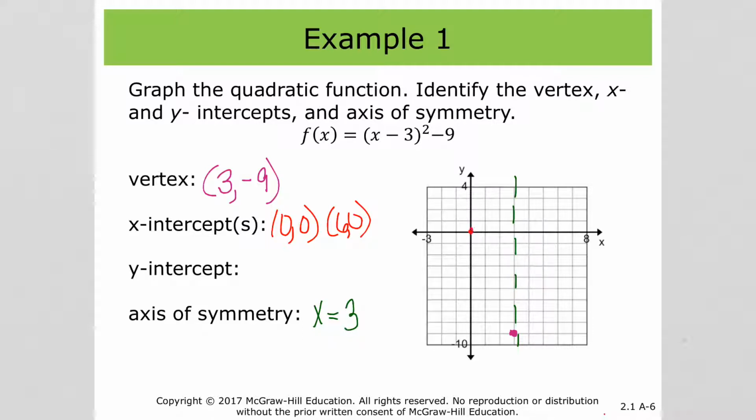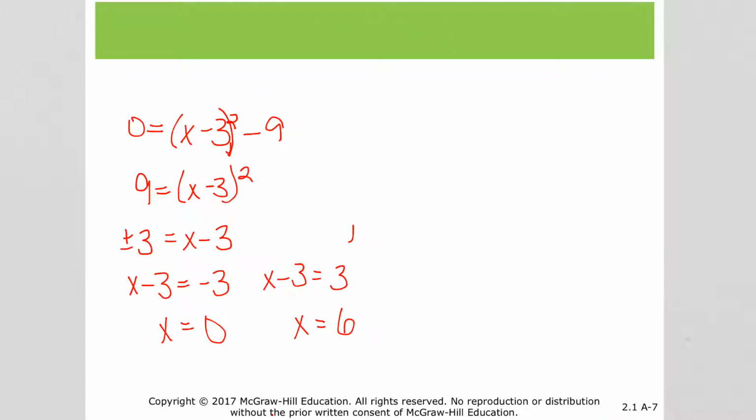And so we can plot those just like that. And then the y-intercept, we let x be 0. So we've got y equals (0 minus 3) squared minus 9. 0 minus 3 is negative 3. Negative 3 squared is 9. And 9 minus 9 is 0.